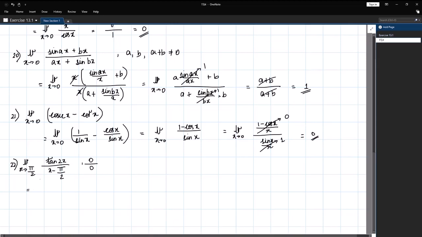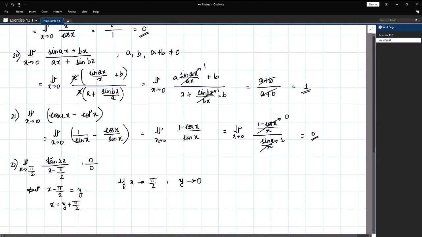To simplify this, we shall substitute x minus pi by 2 as y. As x is tending to pi by 2, y will be tending to pi by 2 minus pi by 2, which will be 0. And what will be the value of x? Value of x will be equal to y plus pi by 2.